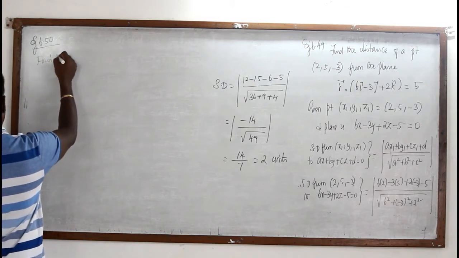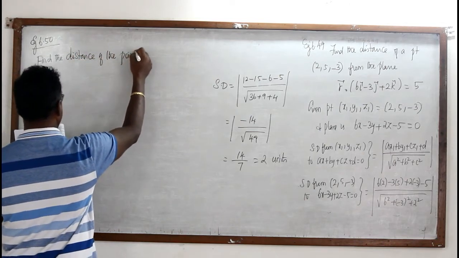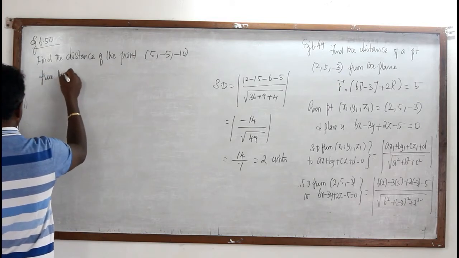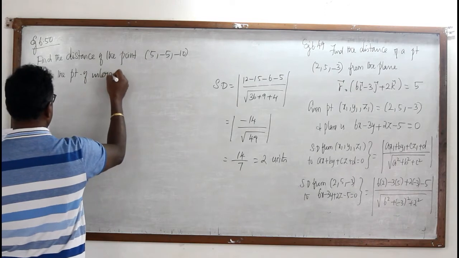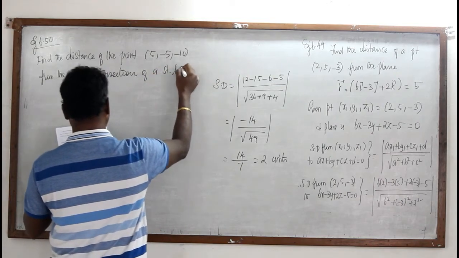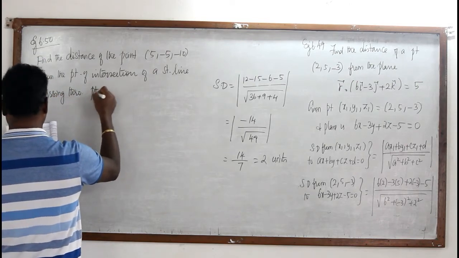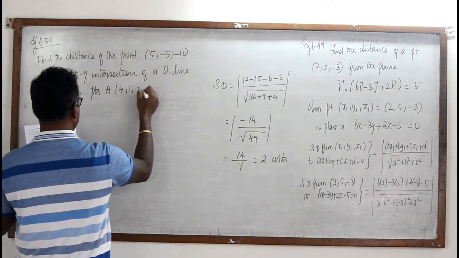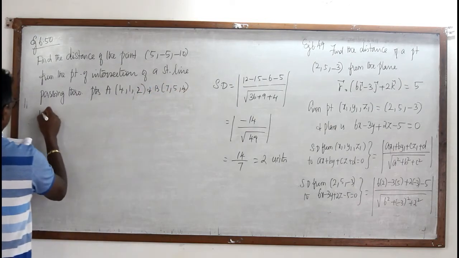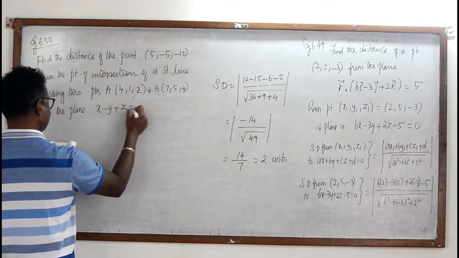Find the distance of the point minus 5, minus 10 from the point of intersection of a straight line passing through points A of 4, 1, 2 and B of 7, 5, 4 with the plane x minus y plus z equal to 5.